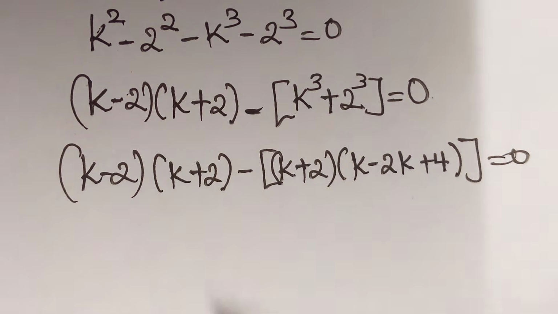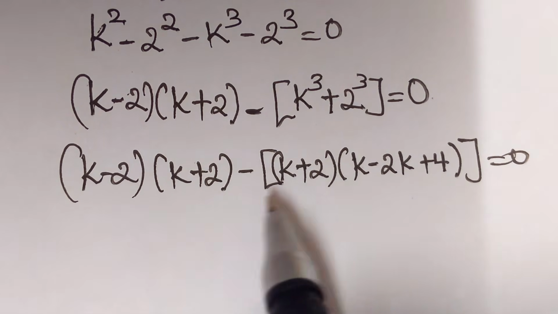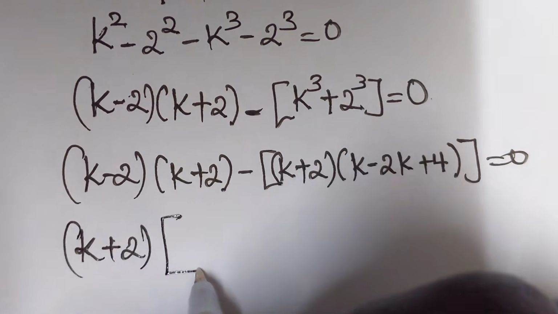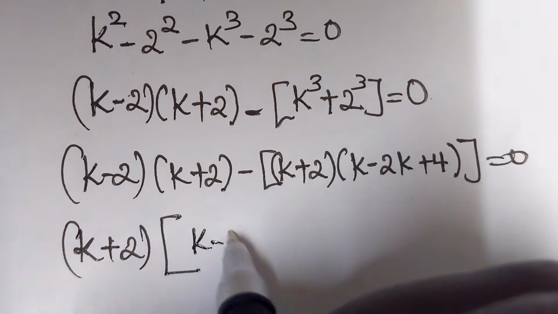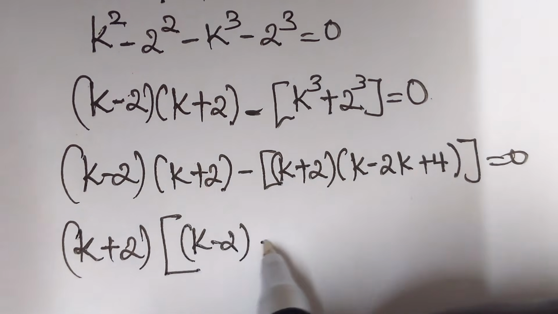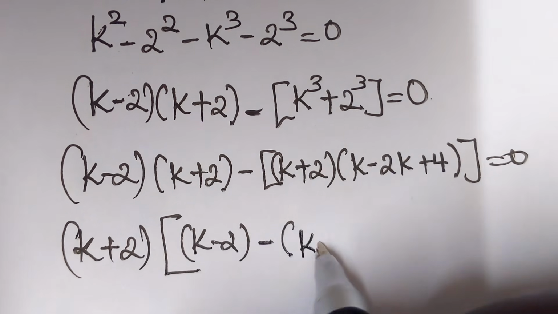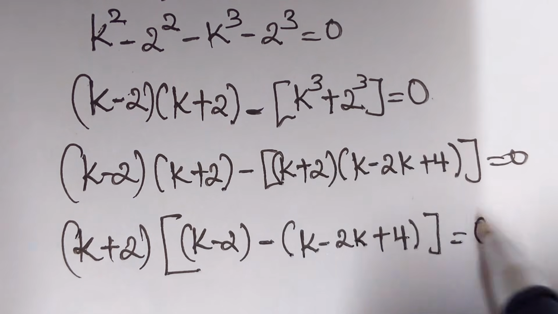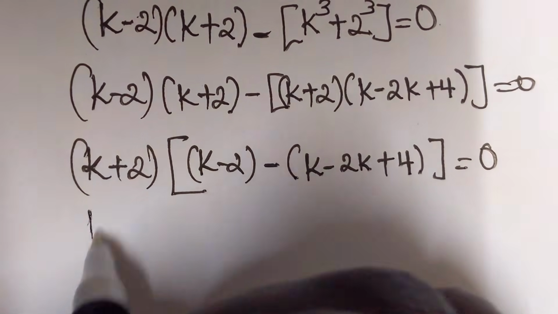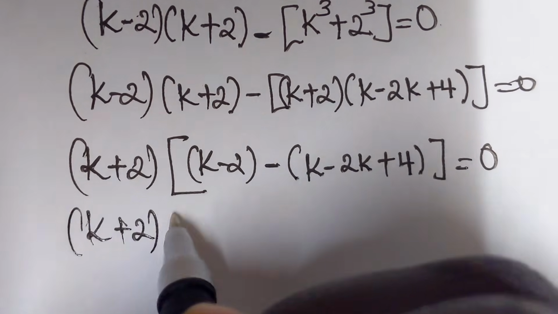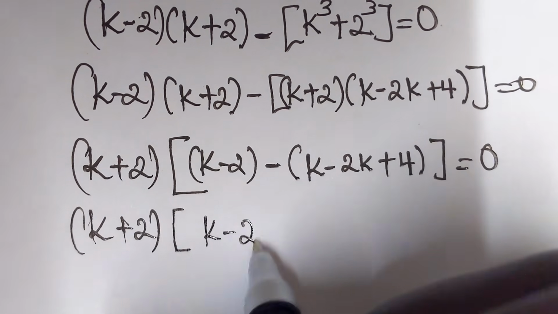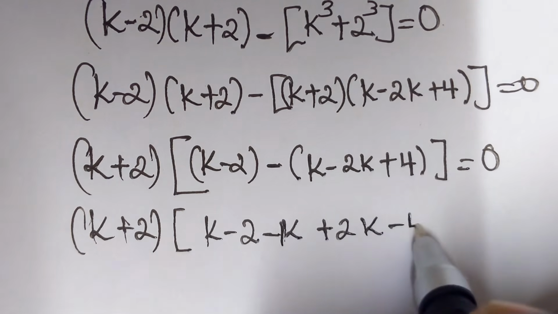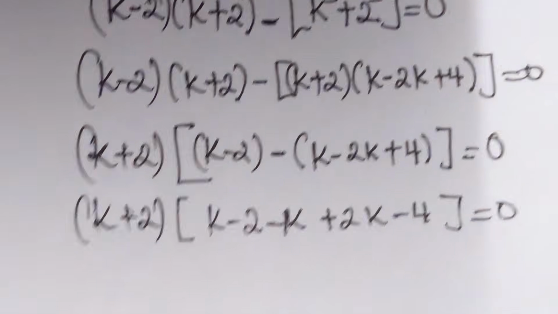Here we factorize, because k plus 2 is common, to get k plus 2 times the bracket of k minus 2, then minus the bracket of k squared plus 2k plus 4, which equals 0. Then this is equal to k plus 2 times the bracket of k minus 2 minus k squared minus 2k minus 4, equals 0.